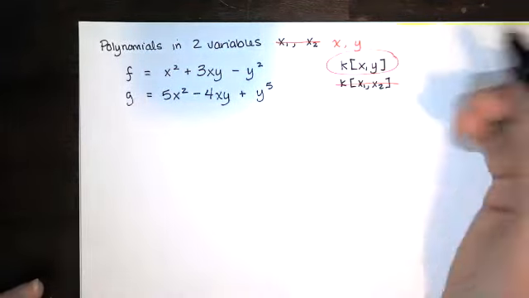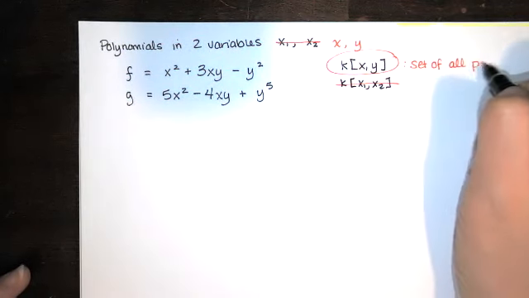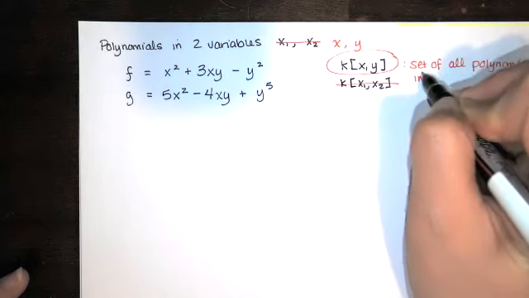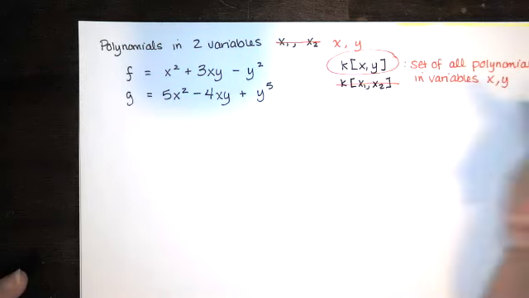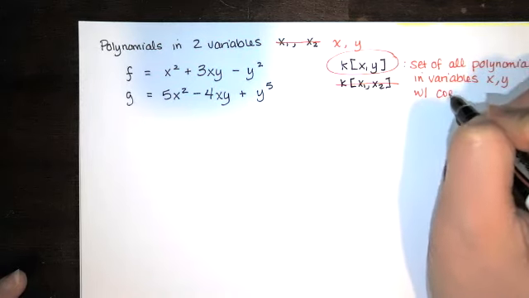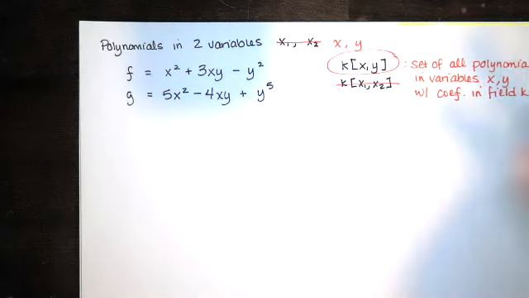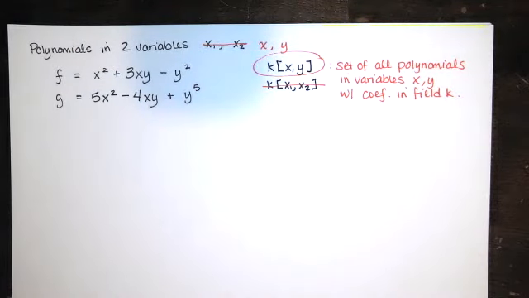We'll do this instead. So this is the set of all polynomials in the variables x and y with coefficients in the field K, and K could be any field. So the field of rational numbers, field of real numbers, field of complex numbers, for example.